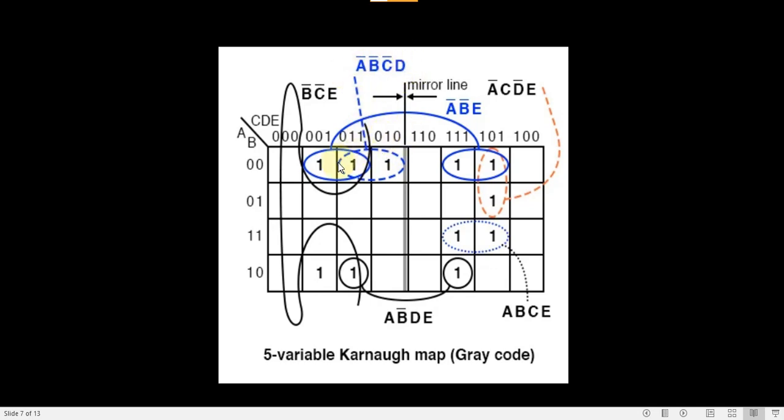In this case, both C and D are changing, so both have been removed. So you have a bigger group of 4. Similarly, these two and these two have been grouped, and so on. You will find all the various expressions related to this 5-variable map. This is how we do all the groupings.